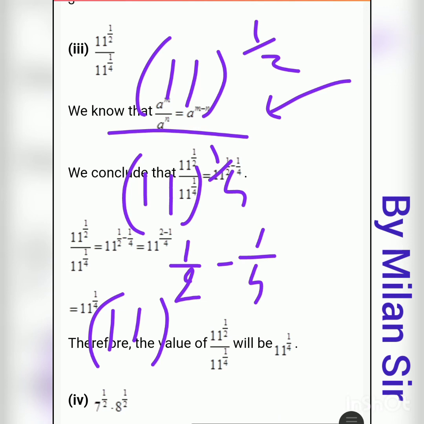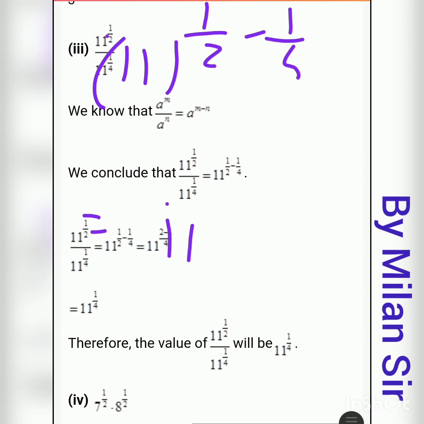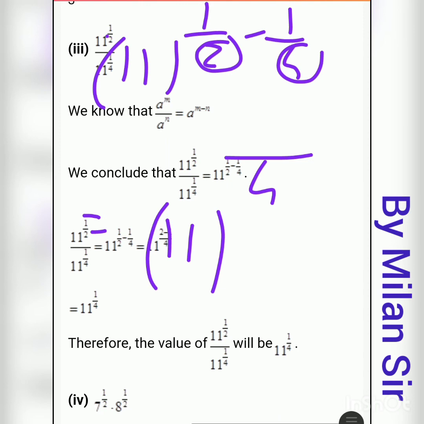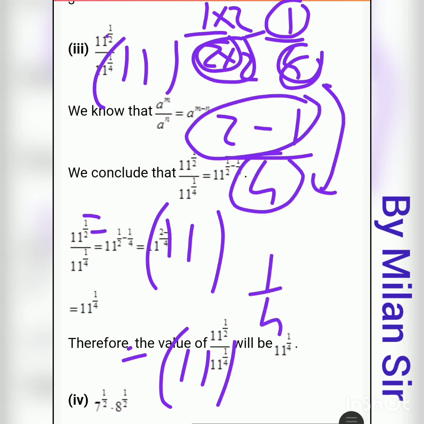So 11 raised to 1/2 minus 1/4, and in the exponent we need to take the LCM. The LCM of 2 and 4 is 4, so we multiply 2 and divide 2: 2 ones are 2, minus this 1, and 2 twos are 4. So 11 raised to (2 minus 1) divided by 4, so 11 raised to 1/4.